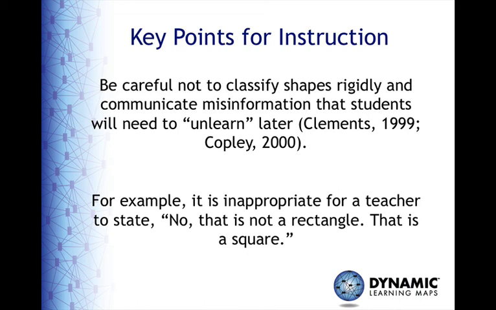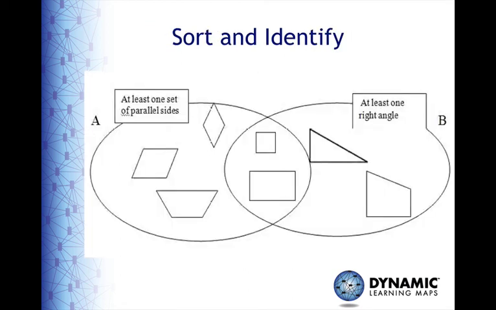Instead, we can say, "The name of this shape is a square, and we can tell because all 4 sides are the same length." When students have developed an understanding of the attributes for two-dimensional shapes, then they will be able to sort and identify the attributes that the shapes have in common.